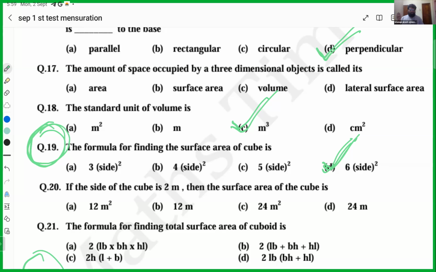Sometimes they will not mention in the question that it is total surface area, they will just mention surface area. When they mention surface area, it means the total surface area. Don't get confused in that. But in case it is a lateral surface area, they will for sure mention lateral surface area. So if they don't mention lateral surface area, if they just mention surface area, then you have to consider it for sure as total surface area.